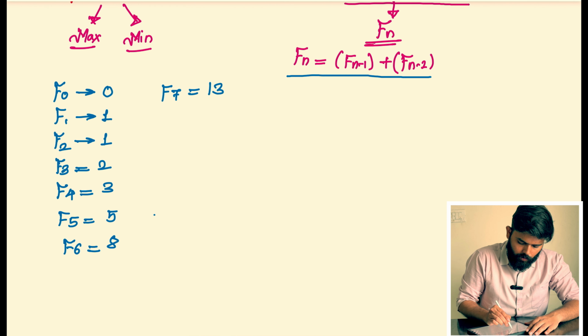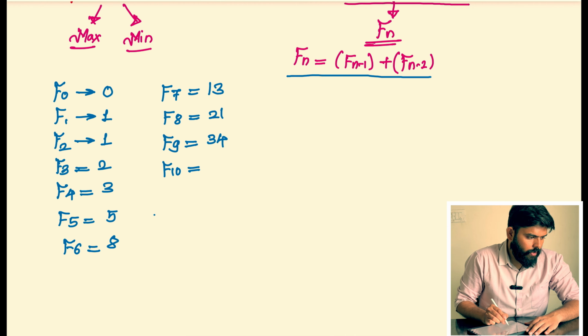F7 is 8 plus 5, that is 13. F8 is 13 plus 8, that is 21. F9 is 21 plus 13, that is 34. F10 is 34 plus 21, that is 55.